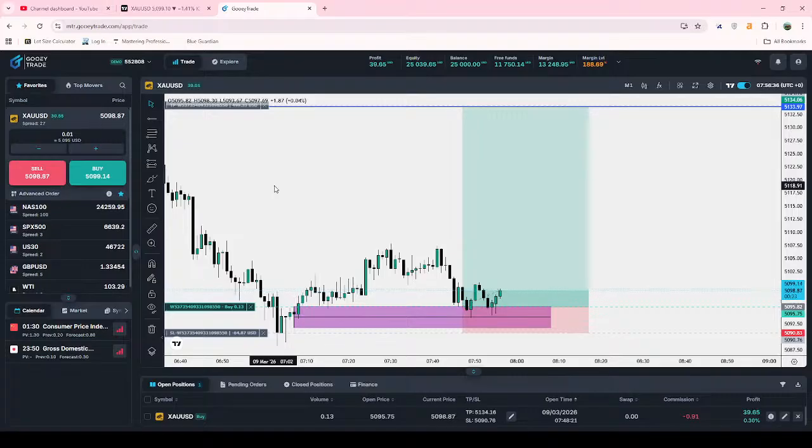Where should we take our partials, because we can take partials on this position. We have entered with 0.13 lots, so we can surely take partials.